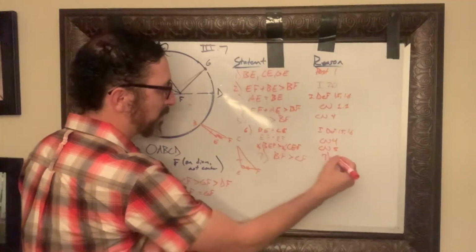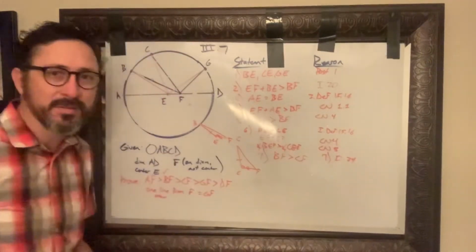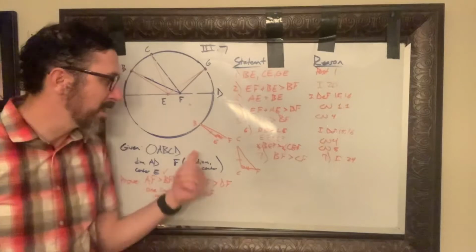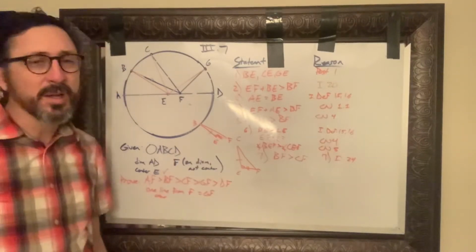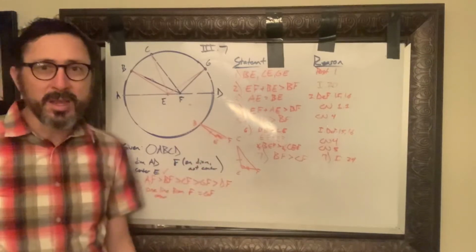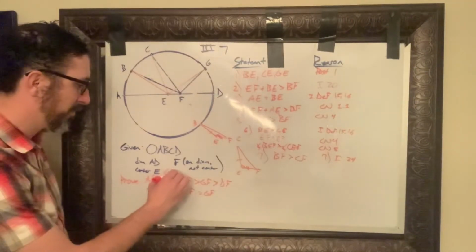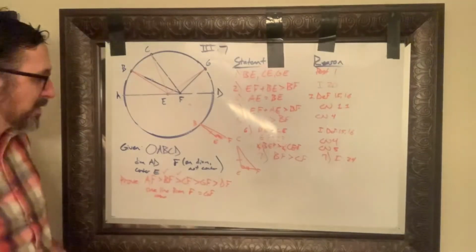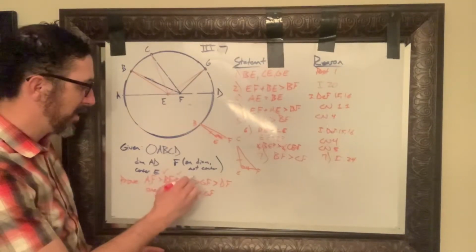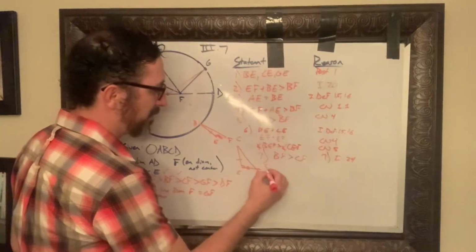And that is because of proposition 24 in book 1, which says basically that if you have two sides equal to two sides respectively, and the angle between them in one is bigger than the other, then the greater side is across from the greater angle in that triangle. All right, good. So BF is bigger than CF. And of course, because he's awesome, he says that similarly it can be shown that CF is bigger than GF.